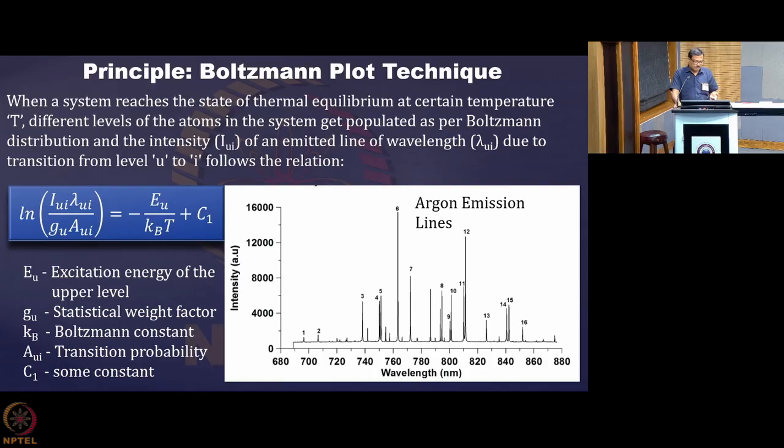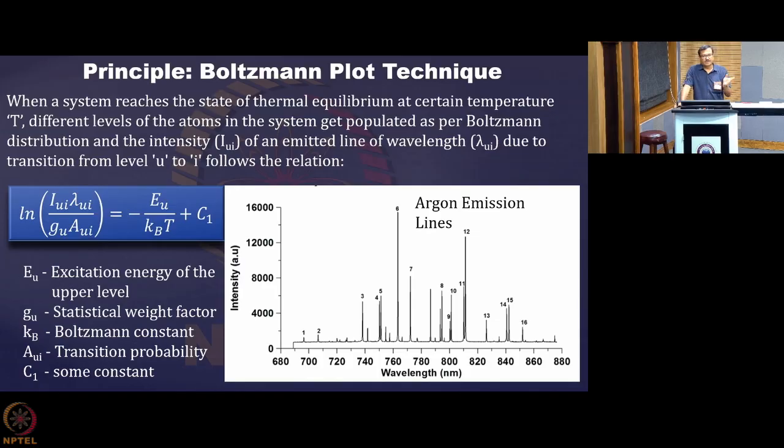So, the intensity of the line that you are getting is proportional to the number of electrons in the level from which the transition is taking place. Intensity is proportional to number density, and number density is proportional to the exponential factor of E of that energy level by kT.